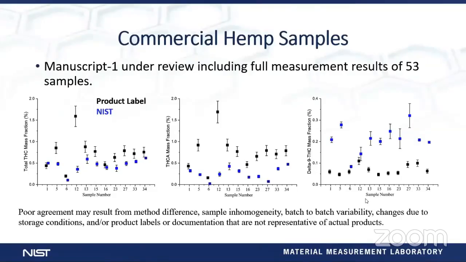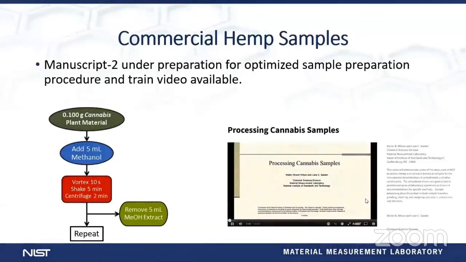It's also a scenario where they get it tested when they first have it, and then they just assume that it's fine, and they don't update the documentation online like they should when they get new batches in. So this will all be discussed in more detail in the publication to come.